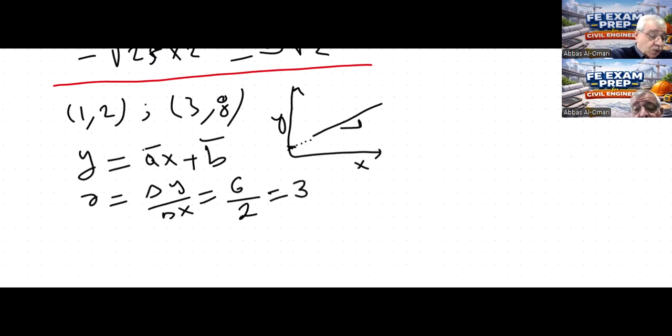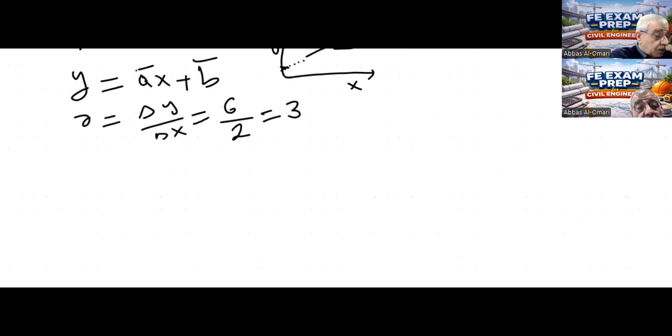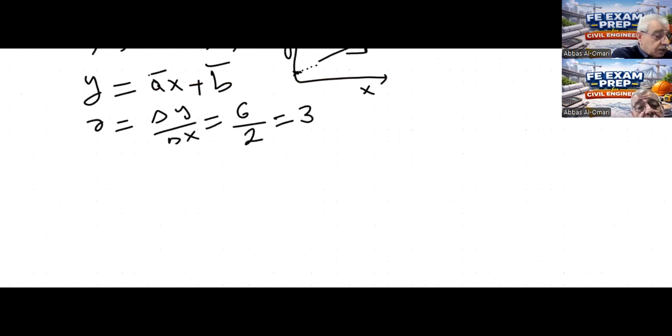So now what we know is the slope, so y equals 3x plus b.